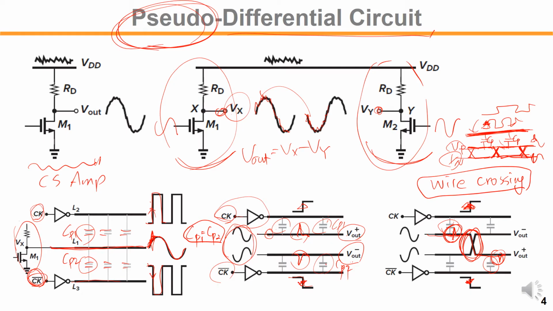This is just the most simplistic differential circuit, but we call it pseudo because on the output side the coupling or noise still appears in common mode. So in this case, noise appears in common mode.